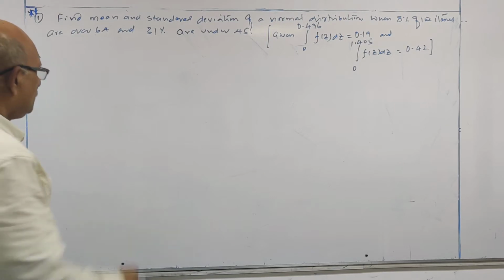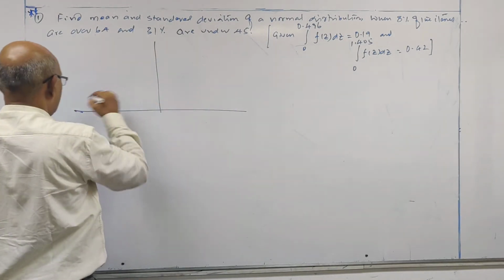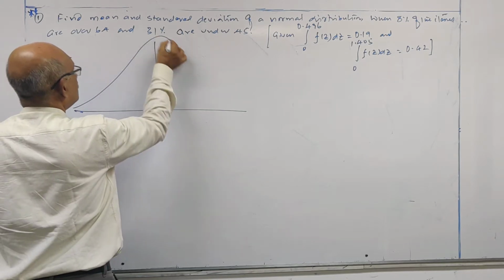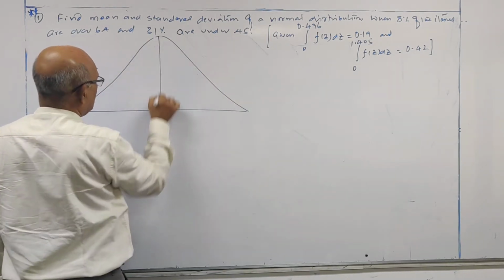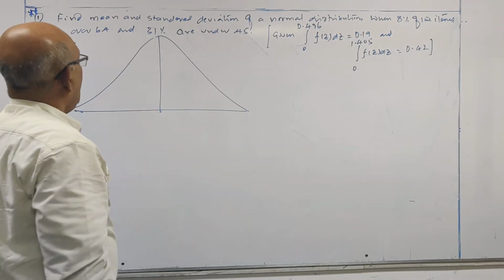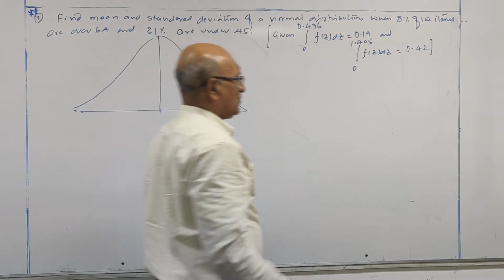Look at the question. This is my normal curve. There are two numbers given. Which number should be represented on which side?